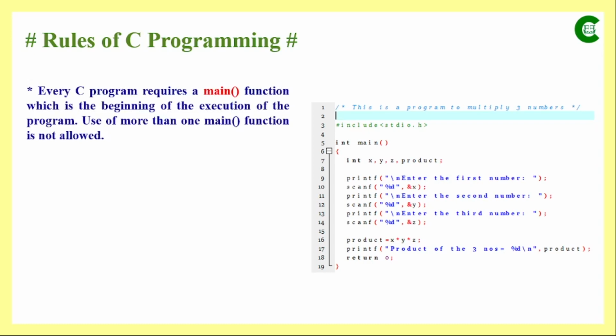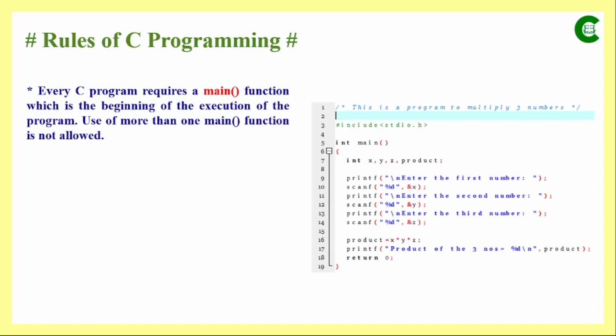The first rule says that every C program requires a main function, which is the beginning of the execution of the program. As I said in my last class also, what is a function? A function is a block of code that performs some specific task, or has some specific functionality.